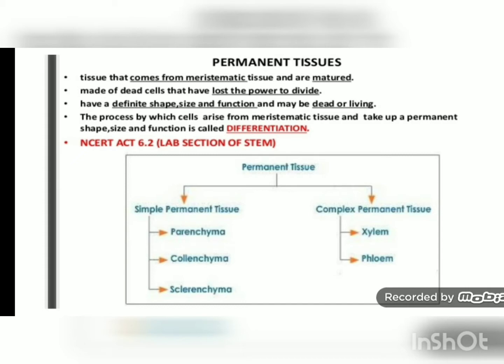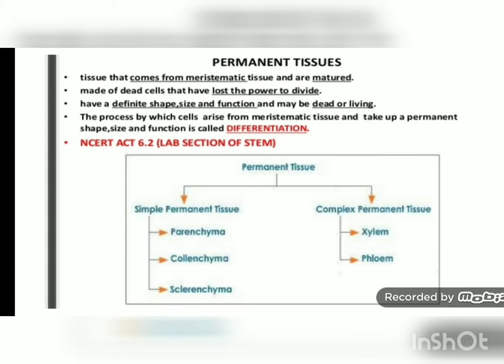They have definite shape, size and function. The process by which cells arise from meristematic tissue and take up a permanent shape, size and function is called differentiation.